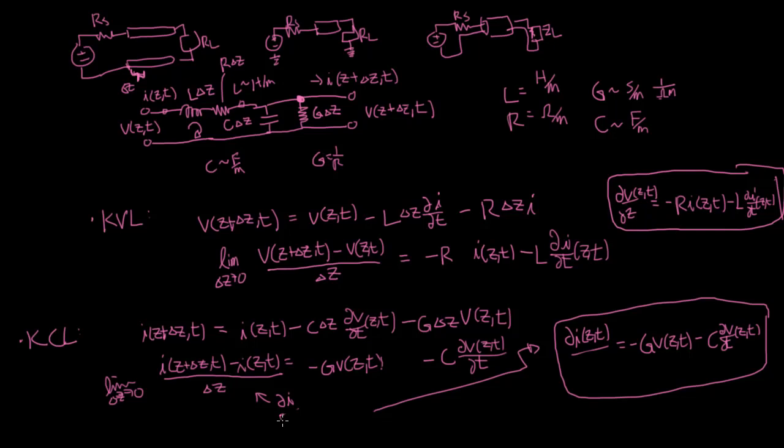I'm okay with that if that increases your retention. So you have a partial differentiation of the voltage with respect to distance is dependent on di/dt. And then similarly, when you look at the current change with respect to location, di/dz, is dependent on the time derivative of the voltage.